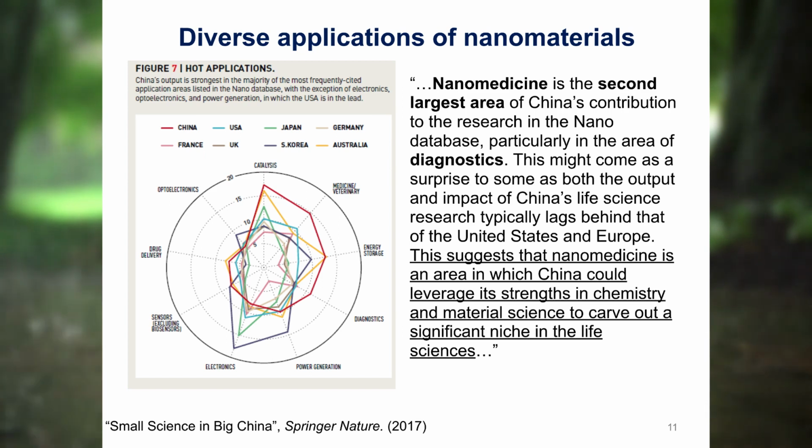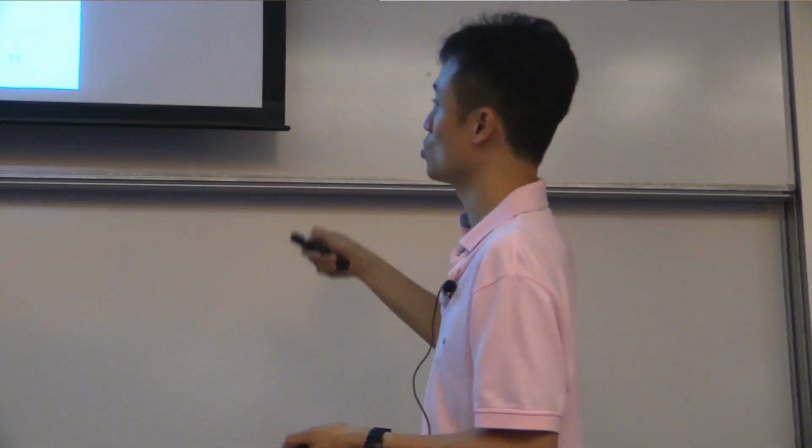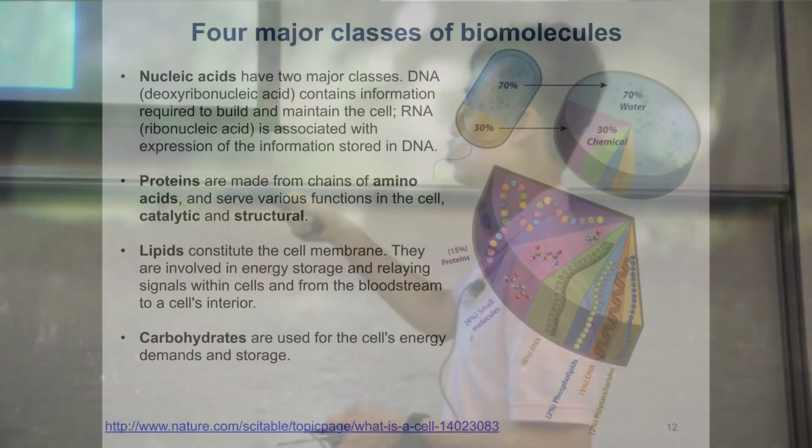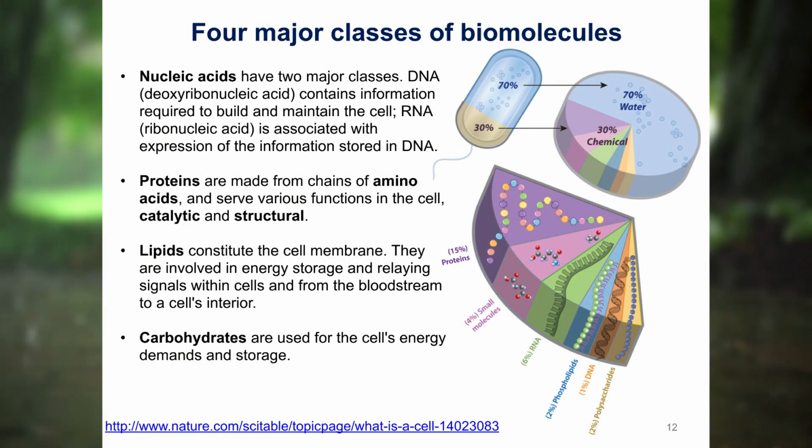So this is really the BME part of this is coming that may potentially affect China, in my opinion, because you can leverage your engineering expertise in material science and chemical engineering to boost the development in life science. Because at the end of the day, we need very advanced drug carriers, diagnostics to help doctors do the job, to help save patients, right? So this is something that China and Nature, they think that China can leverage its strength in this particular field. Okay, so this is something for you to pay attention to.